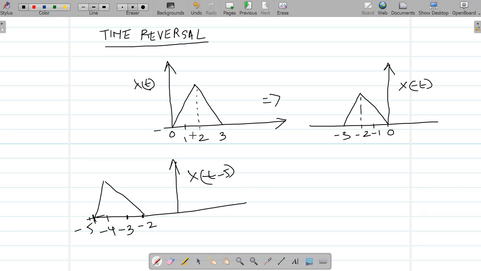What I have done is a time reversal. The first operation was time reversal, and the next operation was to advance it by 2 units.